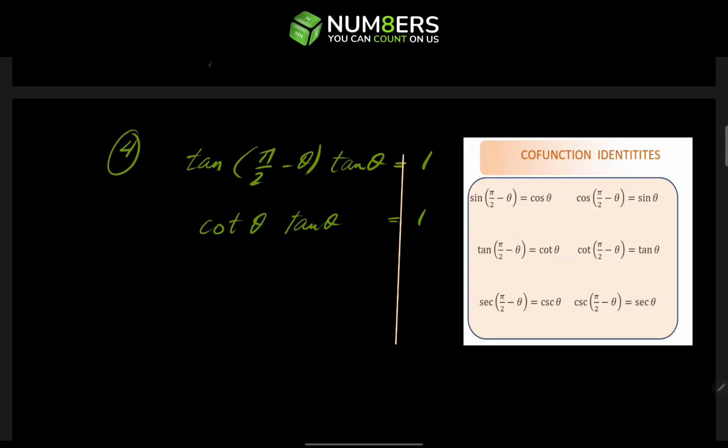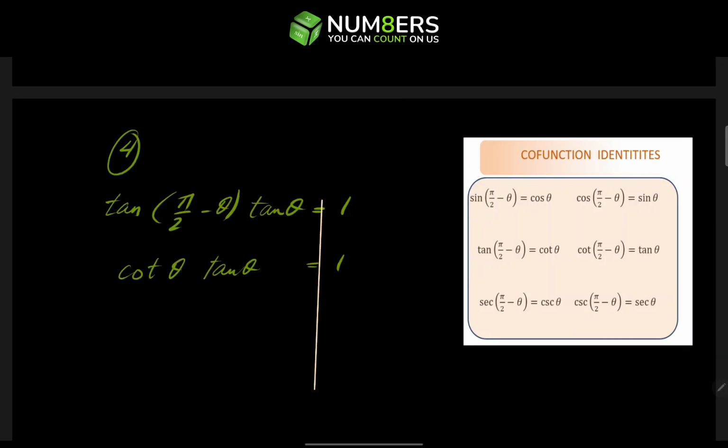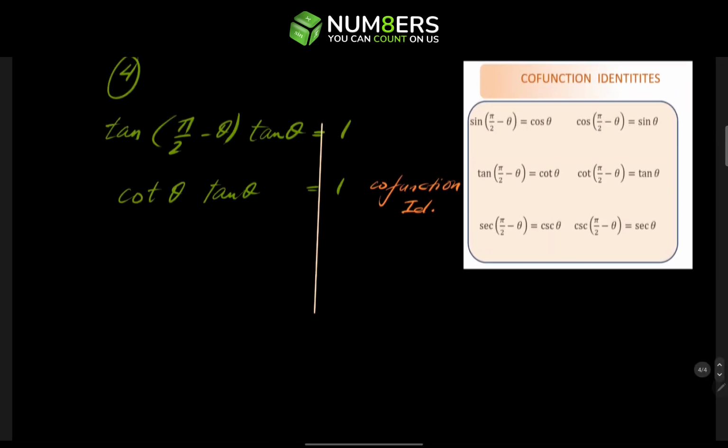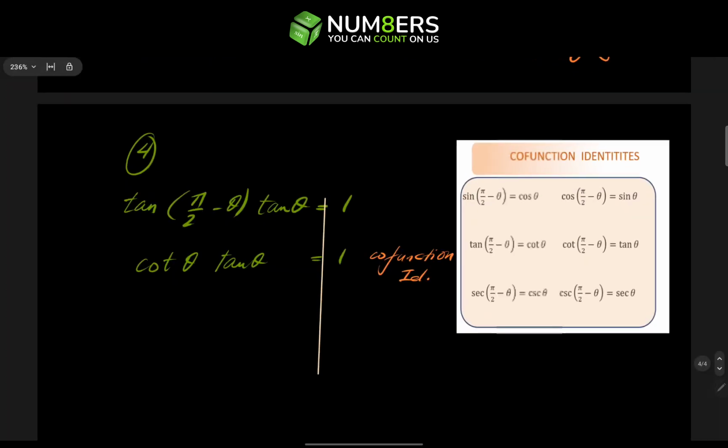And here, let me just move this to the side so we can write the identity that we're using. For this first step, the first identity is cofunction identity. And then here for this one, we can use either the reciprocal identity or the quotient identity. Let me use the quotient identity for this one.